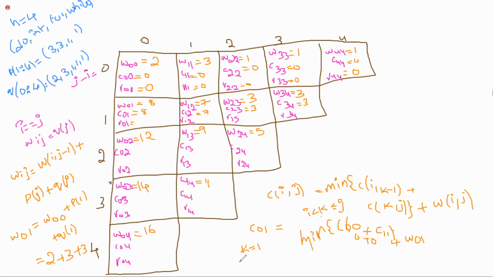What k value have you considered here? 1. So I am updating this one. Here the k value you may consider as 2, here it is 3, here it is 4. Am I clear on this step? All of you? Clear? Yes or no?